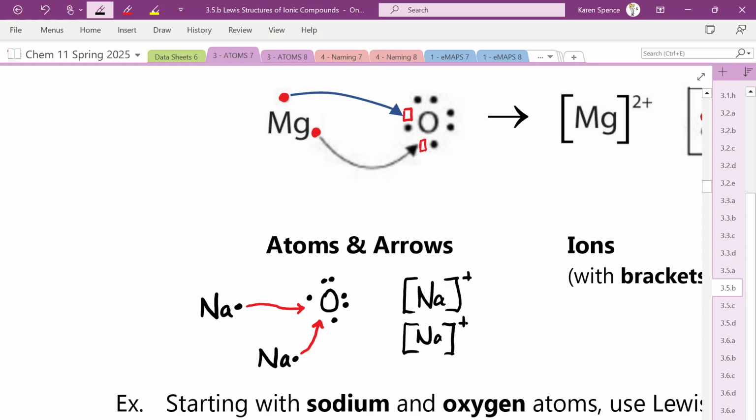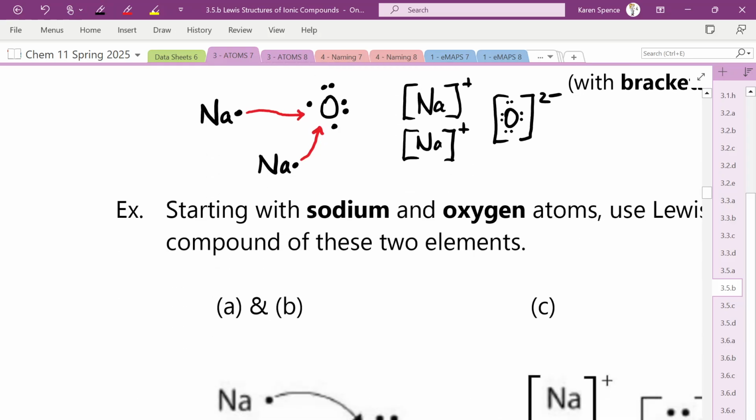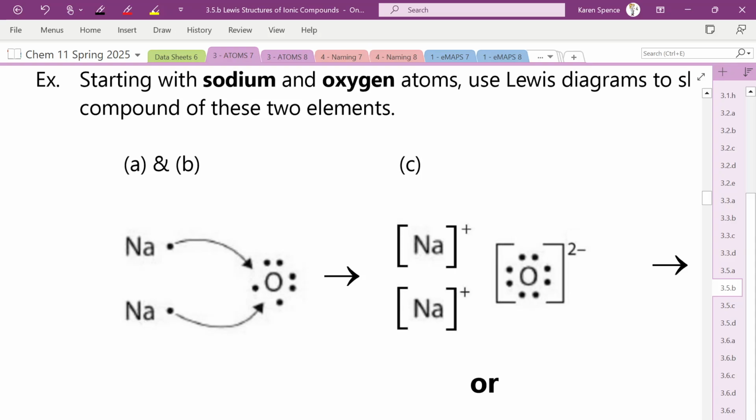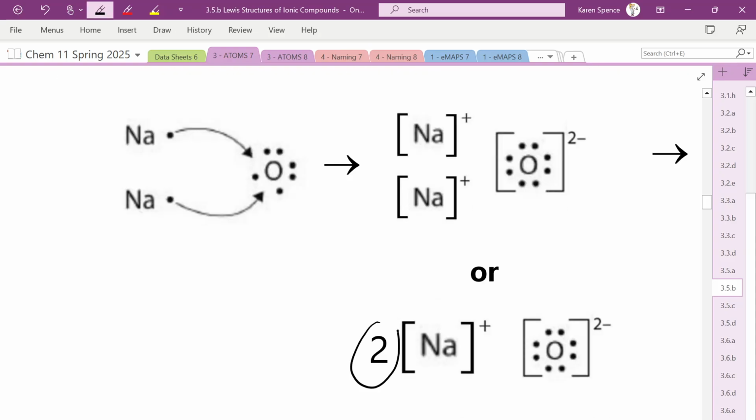Na+, and then we have O2-. Okay? It is optional whether you draw out both sodiums or whether you say, I have 2 sodiums. So you can either do this or you can do this. Either way is good.